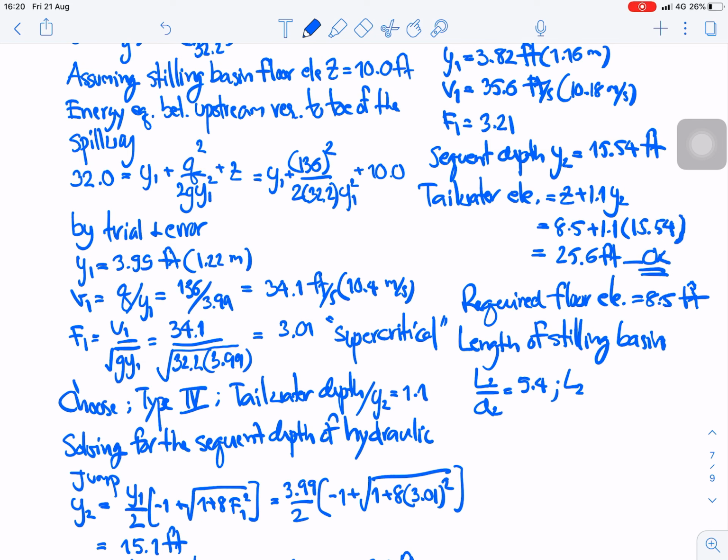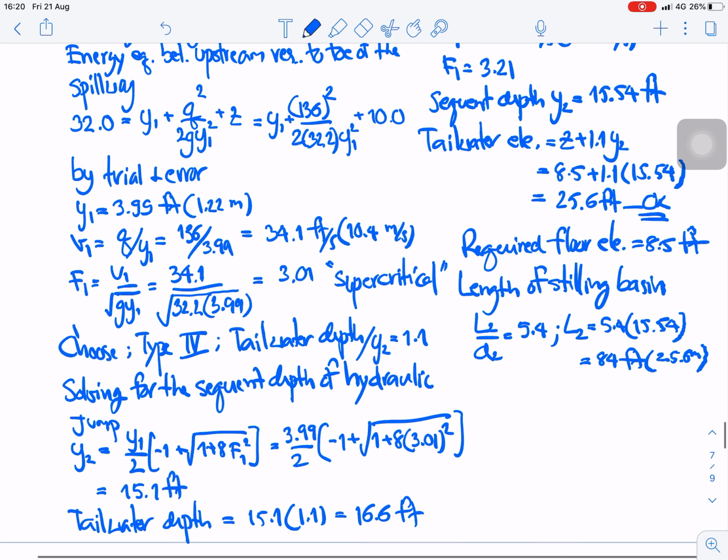In this case, L2 is equal to 2.7 times the depth y2, where D2 and y2 are the same depth, with y2 equal to 15.5. So the length of the stilling basin is about 84 feet.